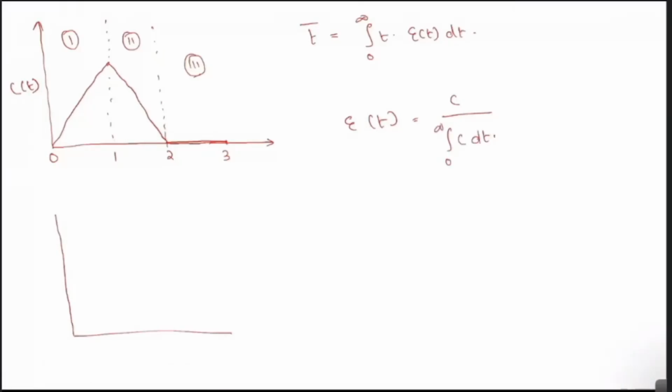So from this question, the area is one. We need to find the E curve first so that we can apply this formula here. The value of E can be C of T divided by the area under the C curve.